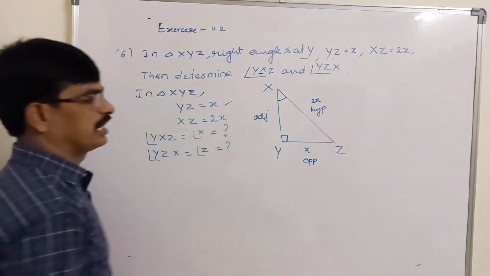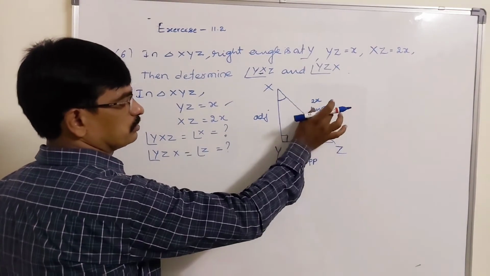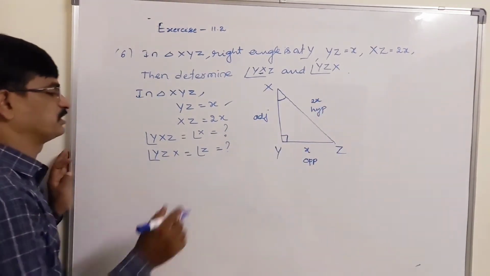This one is the adjacent side. Now the ratio between opposite side to hypotenuse is sin theta.